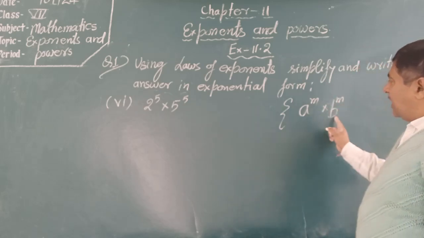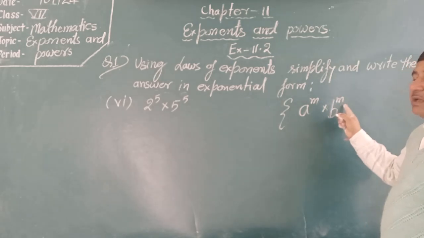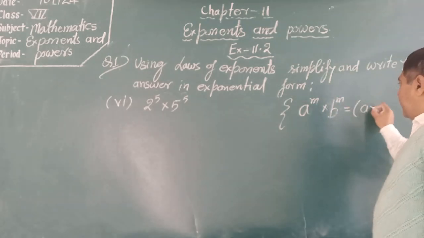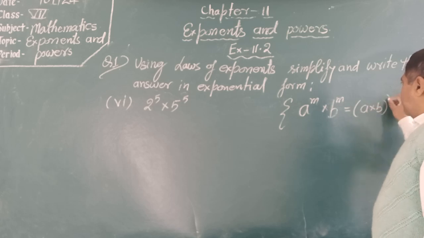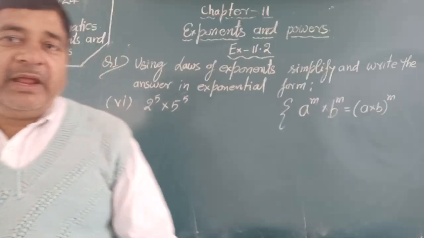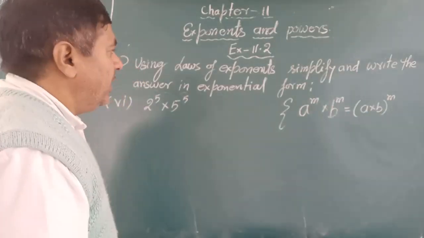Here the bases are different but the powers are the same. So you can write a into b to the power m.